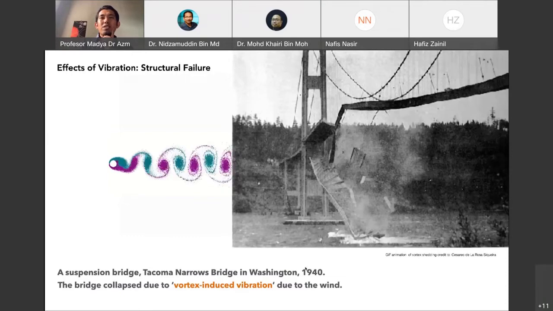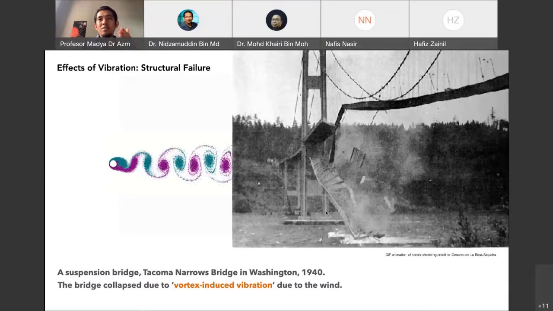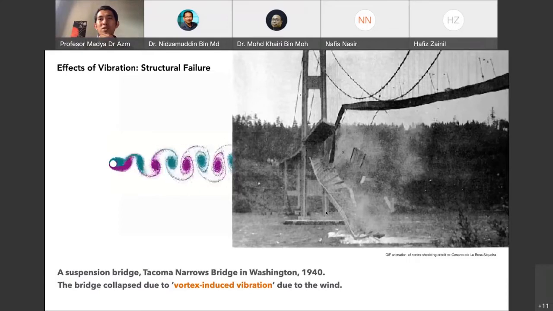But actually, the natural frequency of the bridge coincided with the frequency of the vortex shedding. Vortex shedding is the phenomenon of fluid oscillation due to the interaction of the fluid with the structure. That can cause the bridge to fail because of vibrations.